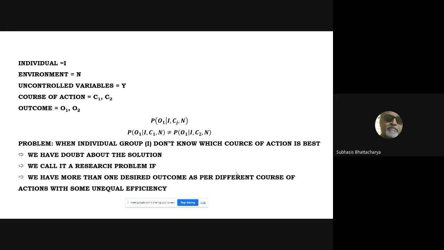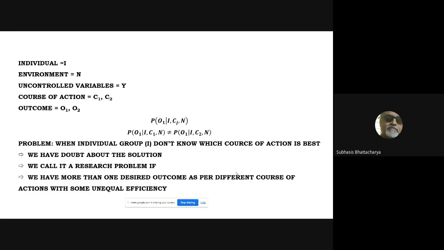But if you have some doubt in your course of action, then you cannot be sure about the outcomes. So individuals or a group of persons can be said to have a problem, which can be technically identified as a research problem. What is the definition of the research problem?